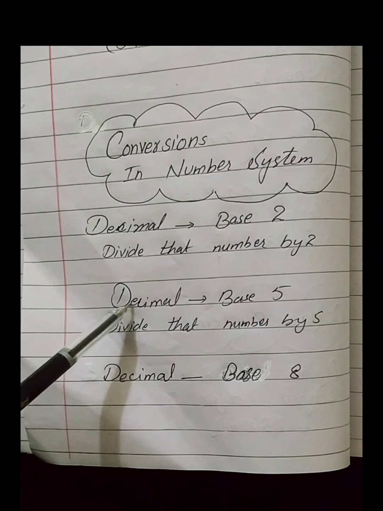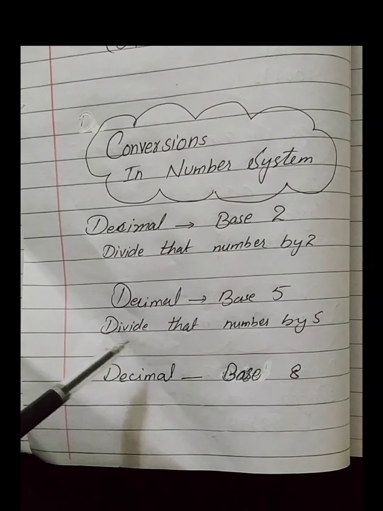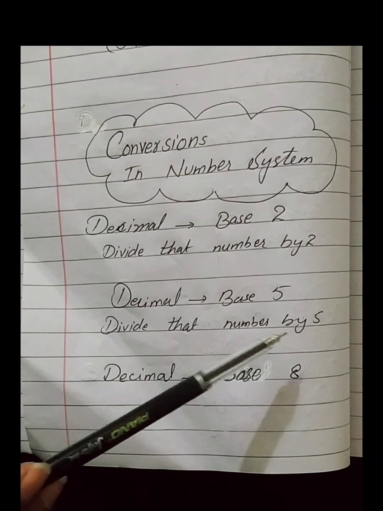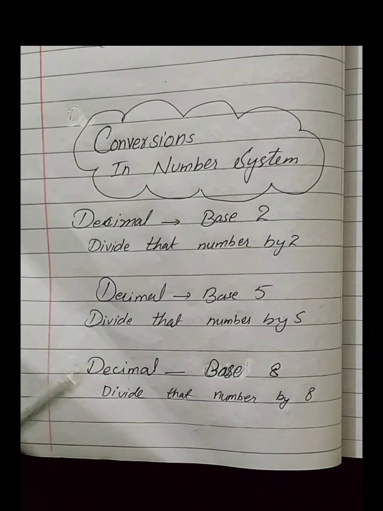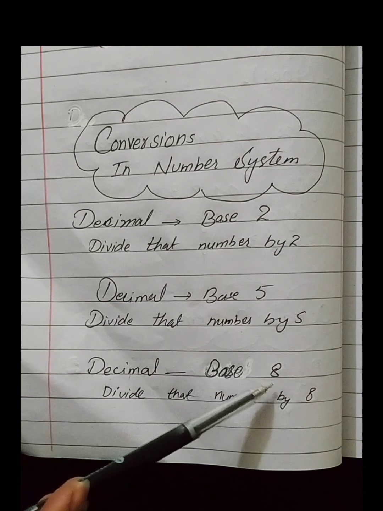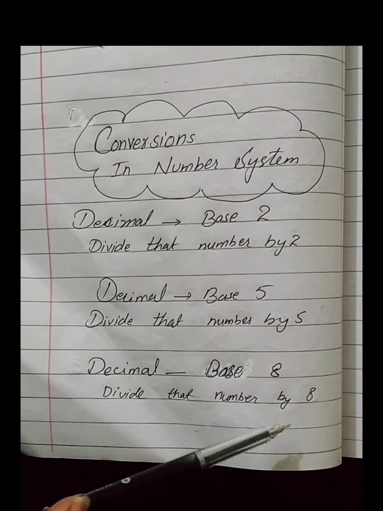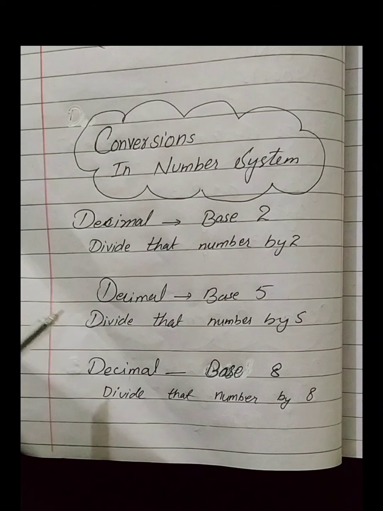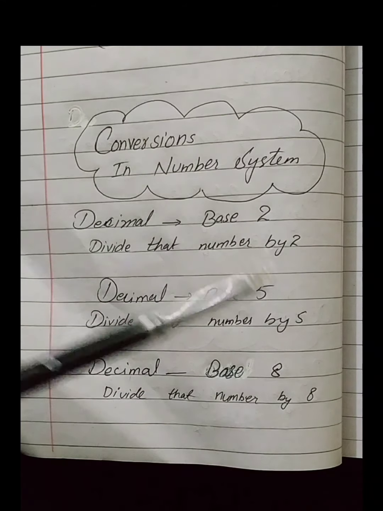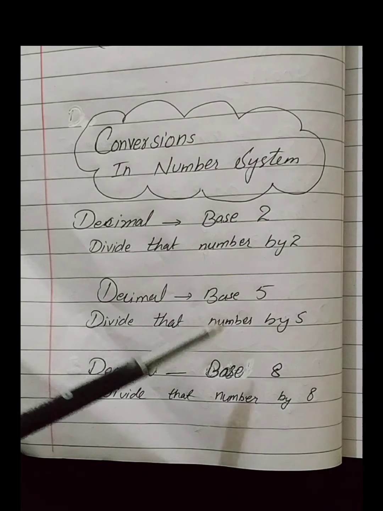When we convert decimal to base 5, we divide that number by 5. When we convert decimal to base 8, we divide that number by 8. It means that for the conversion, we divide that number by the base.